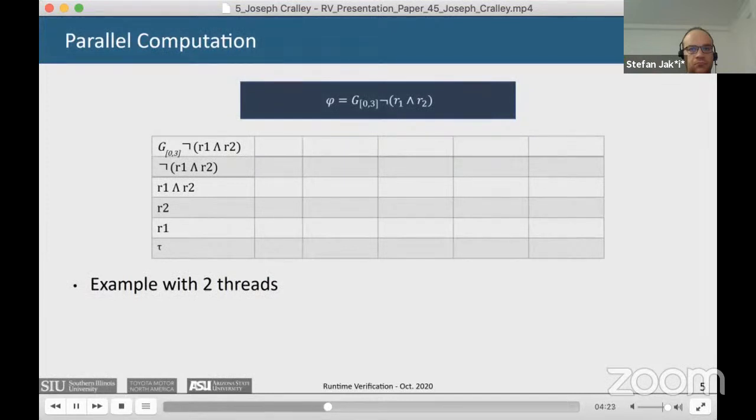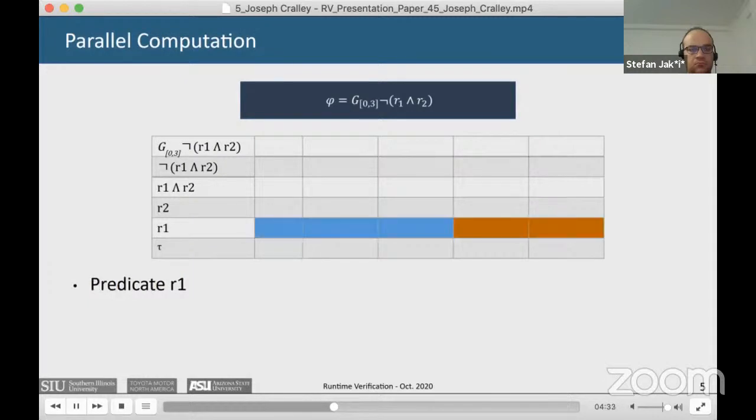TLTK works by using a sliding window technique when calculating robustness. In this example, we will illustrate how to use parallel computation to compute the robustness. First, the row that contains R1 is computed. We can see it gets divided into two threads, represented by blue and orange.